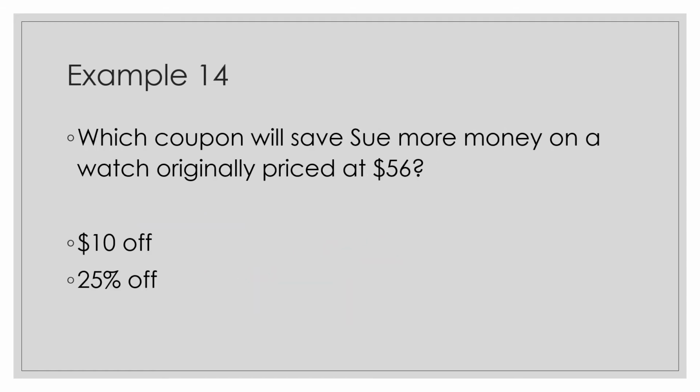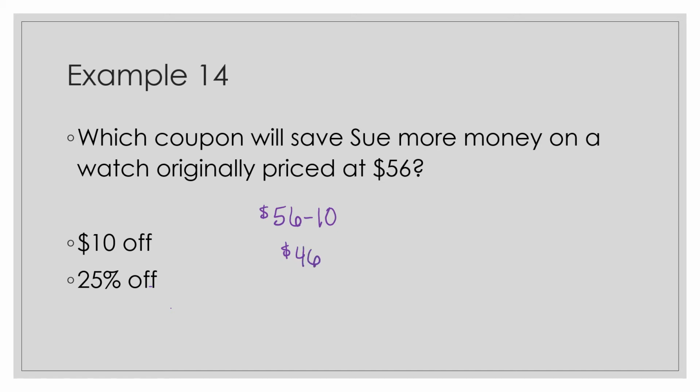Okay, which coupon will save Sue more money on a watch originally priced at $56? So the first coupon just gives us $10 off. So to solve for that one, we just take our 56 and we subtract 10 to see what we would pay, which would be $46 because we were just subtracting that $10.